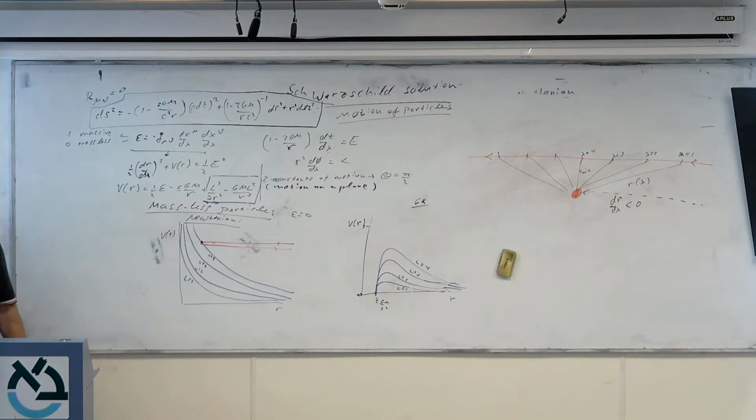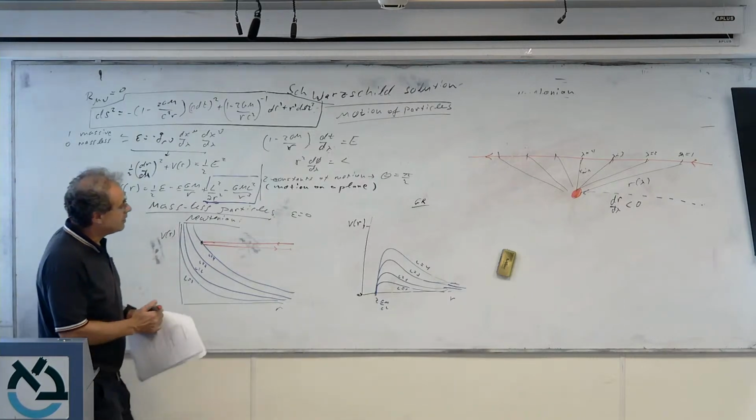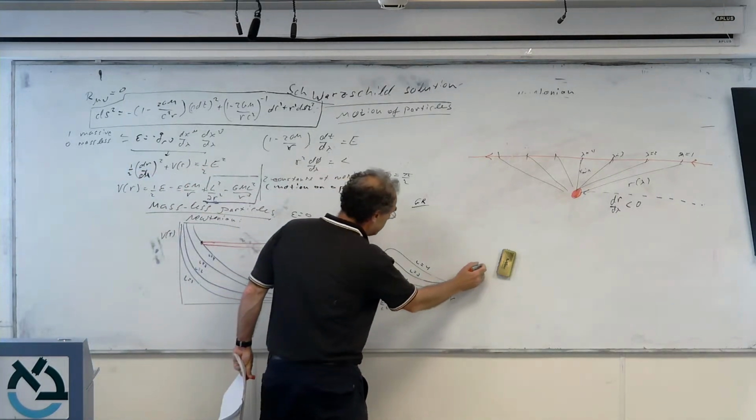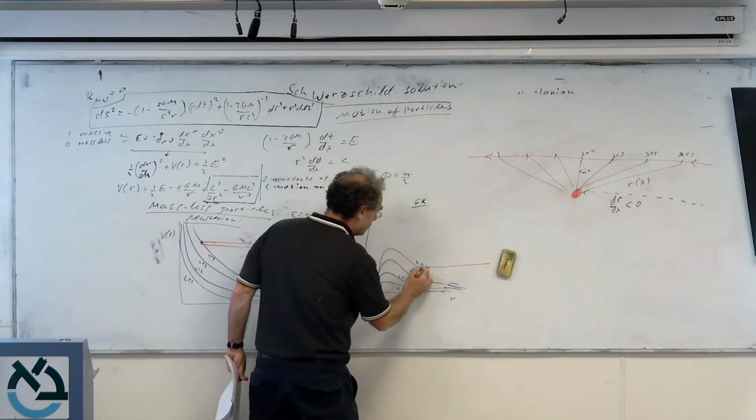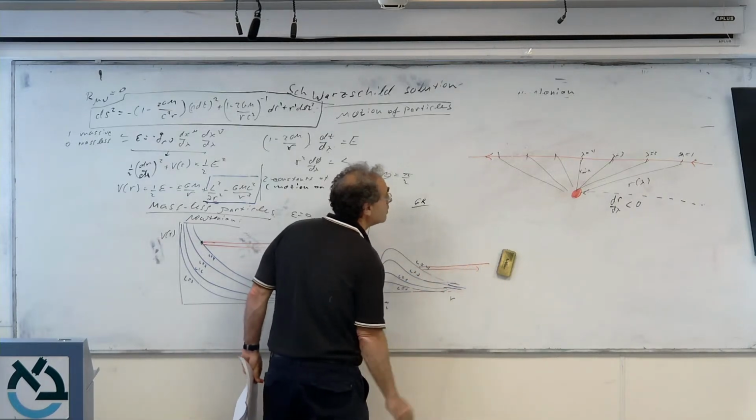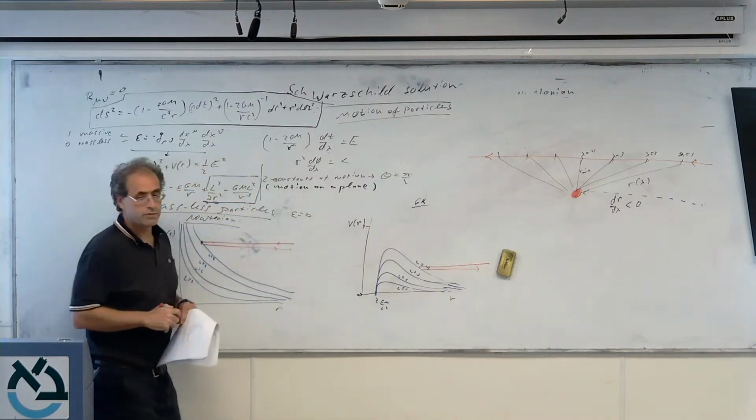If we have a photon that is going from infinity, reaching the barrier, and then going back, what's the trajectory of the photon going to be?